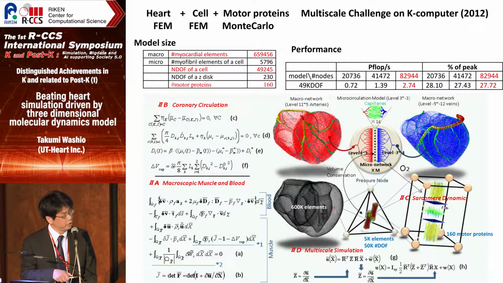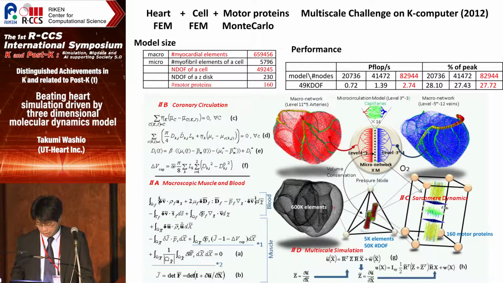This involves 50 kilo degrees of freedom, and most of the floating point operations are occupied by sparse LU factorization to solve the linear system. So we achieved nearly 2.7 petaflops, which was nearly 30% of peak.